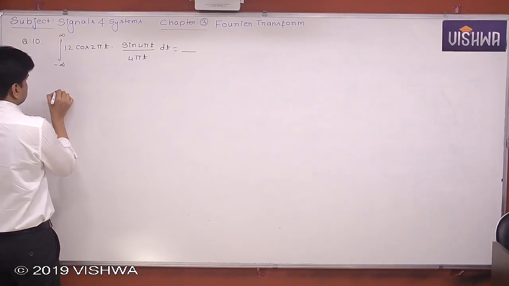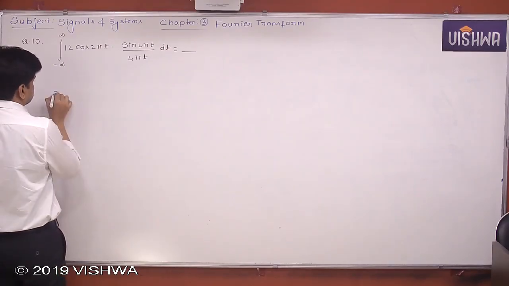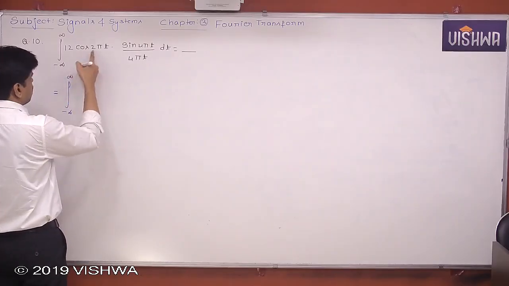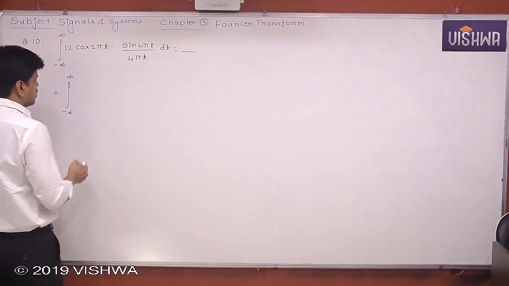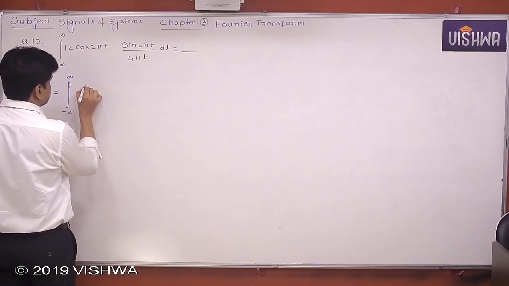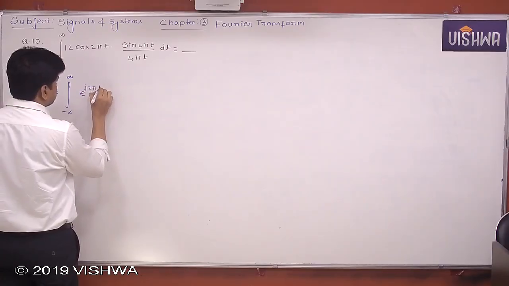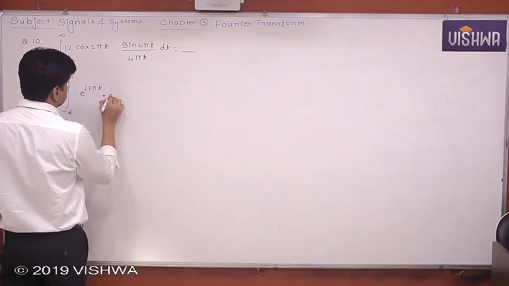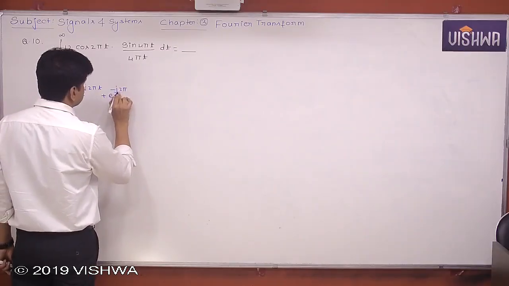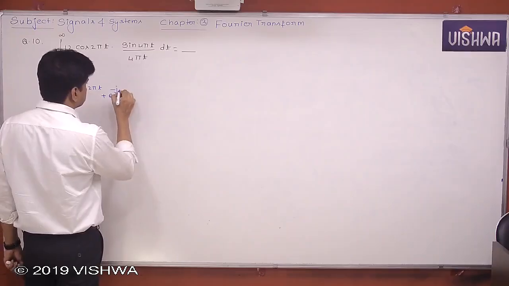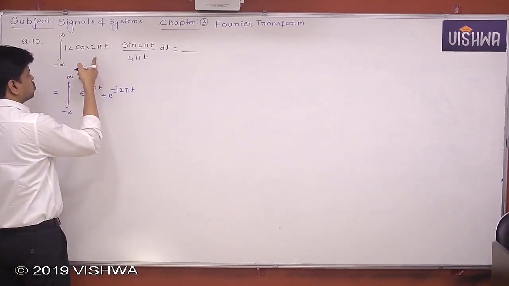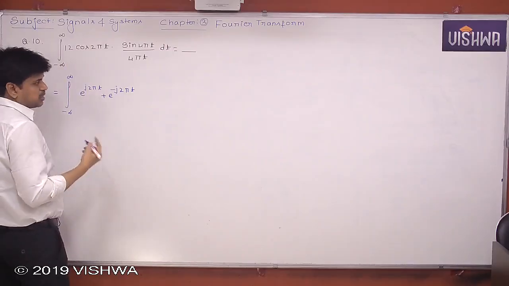So let's say this is equal to the integral from minus infinity to infinity, where cos 2 pi t can be written as e power j 2 pi t plus e power minus j 2 pi t, divided by 2. 12 divided by 2 is 6 times.